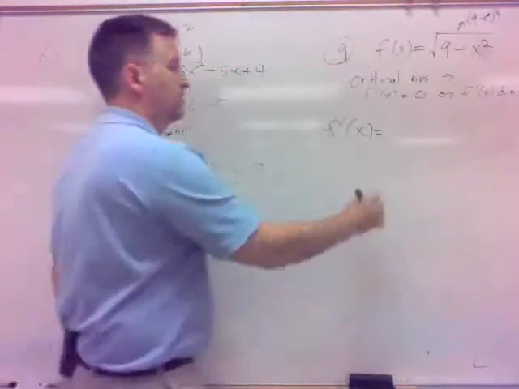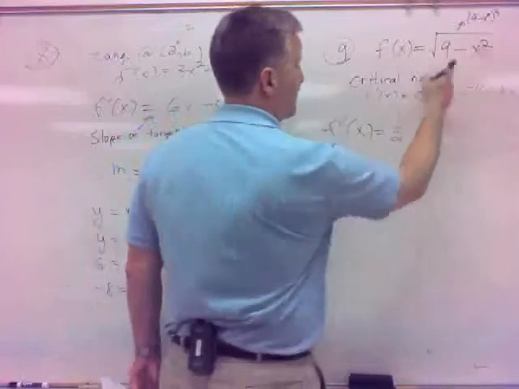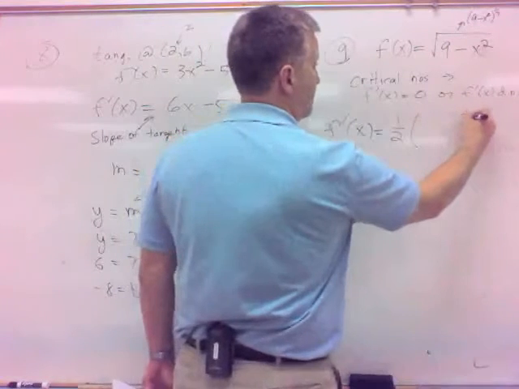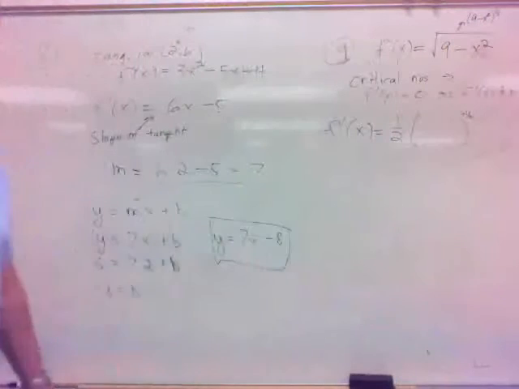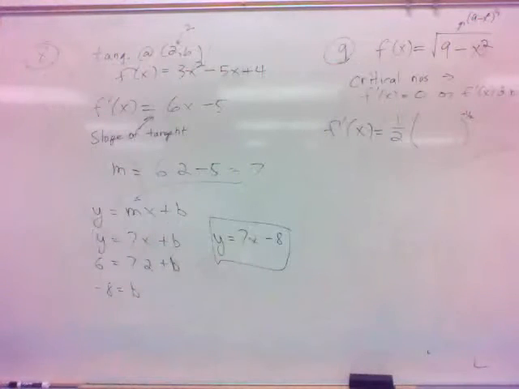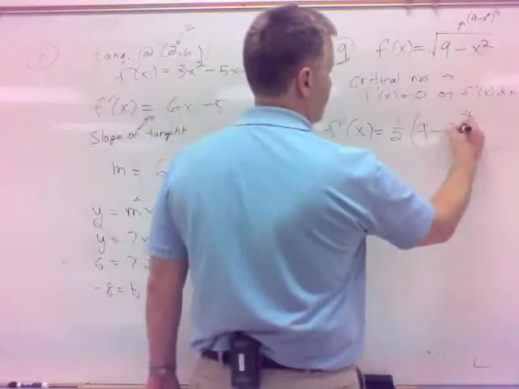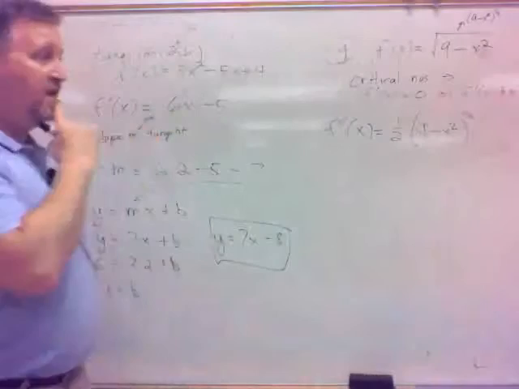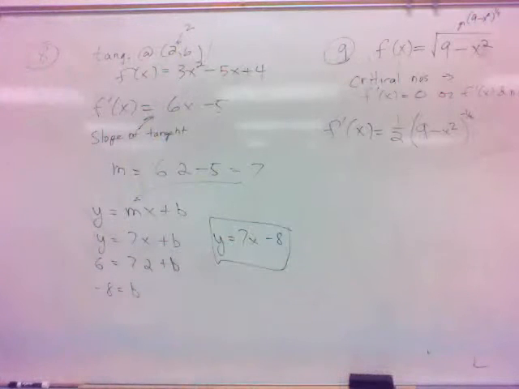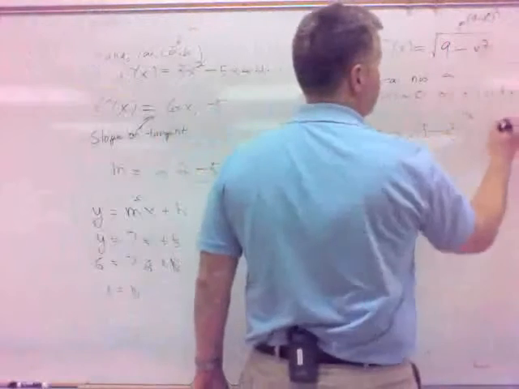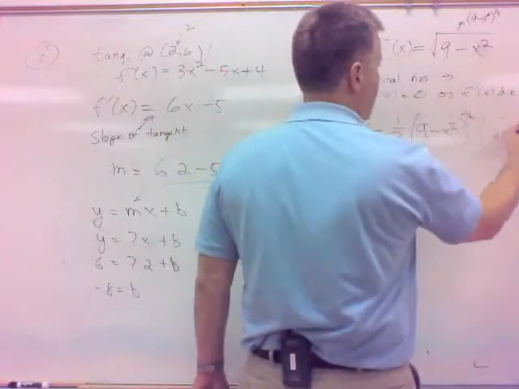Think of this as (9 minus x squared) to the 1/2. So a little chain rule. Bring down the outside's 1/2 power, and subtract 1 from the power, so it'll be negative 1/2. And then the inside stays the same, it's still 9 minus x squared. Then I have to multiply by the derivative of the inside, negative 2x.